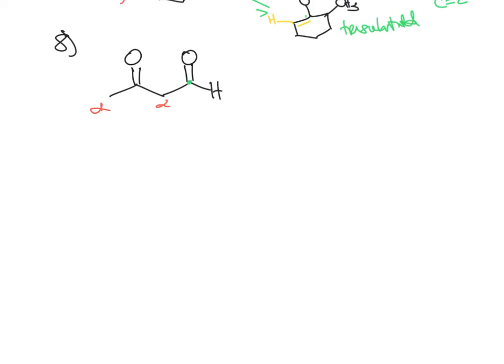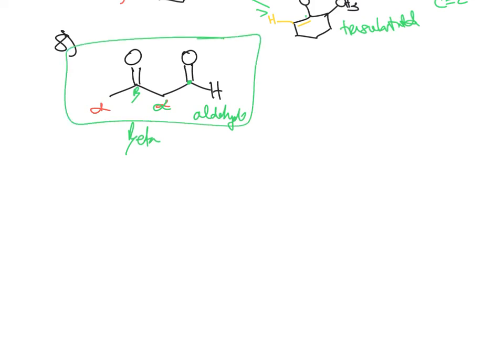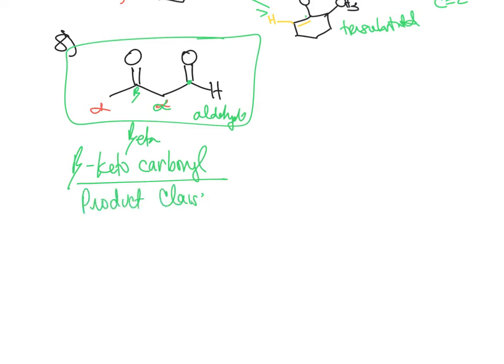When you have an aldehyde here, and this is alpha, this carbonyl is a beta. And this is a new functional group that you're going to need to know in this chapter. It's called a beta keto carbonyl. And the reason that's important is that it's the product of the Claisen condensation, which is your 23C.